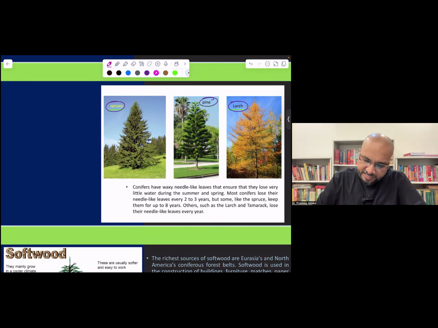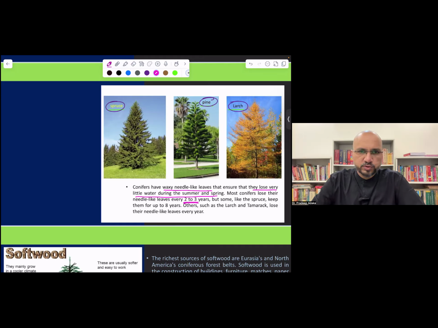Conifers have waxy needle-like leaves, to ensure that they lose very little water during the summer and the spring due to transpiration. Most coniferous needles lose their leaves every 2 to 3 years, not annually. Their leaves are needle shaped to reduce transpiration, and they do not shed every year.